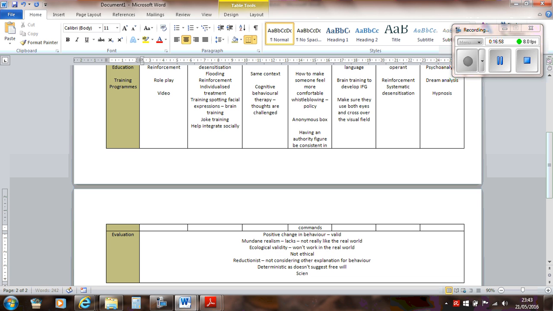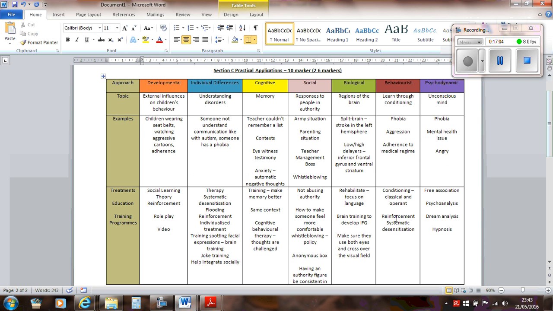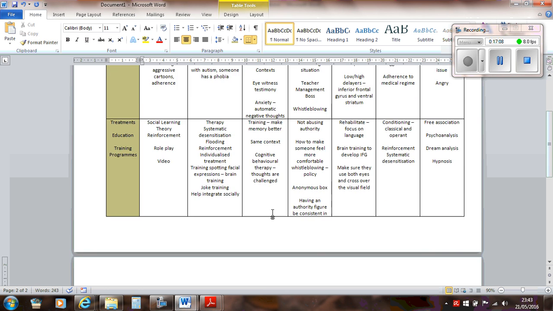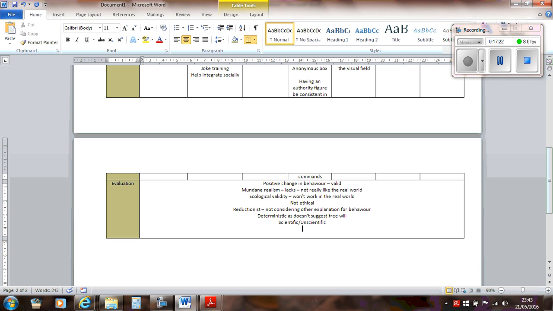You could say that it's scientific if it's a treatment for biological or behaviourists. They're quite scientific. They use laboratory experiments and maybe cognitive as well. But then cognitive isn't scientific because it's not tangible. So you could say scientific, or you could say unscientific, dependent on what it was. So then that links again to validity. Valid or not.